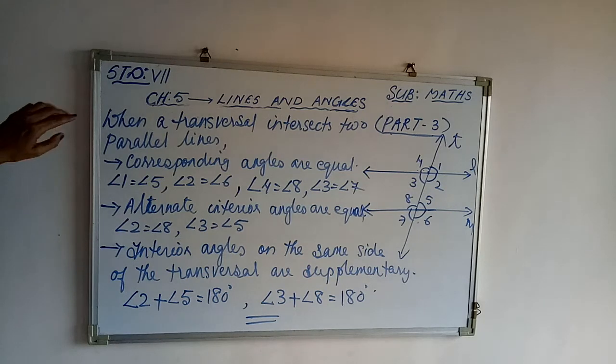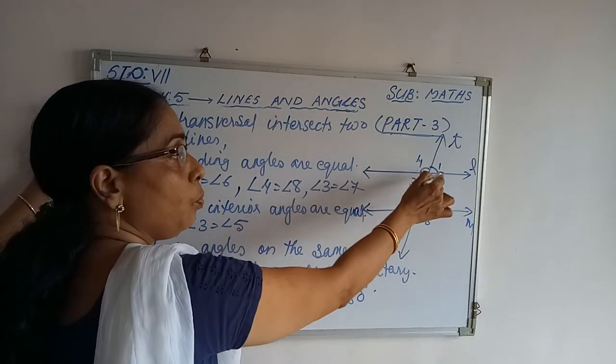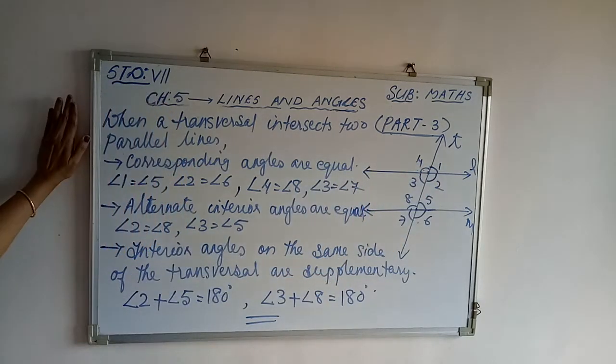So now see, when two parallel lines are intersected by a transversal, the corresponding angles formed are equal, the alternate interior angles are equal, and also the interior angles on the same side of the transversal are supplementary.